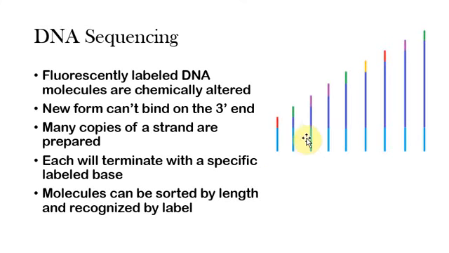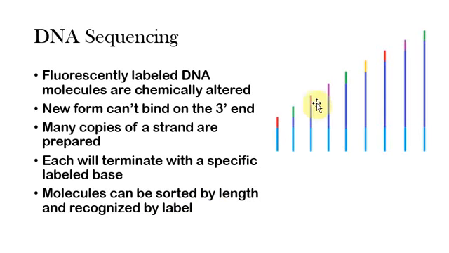Each chain that's created will terminate with a specific one of those labeled bases, and the molecules can then be sorted in a process similar to gel electrophoresis, by length, and it's precise enough that a laser can recognize those fluorescent or radioactive labels.